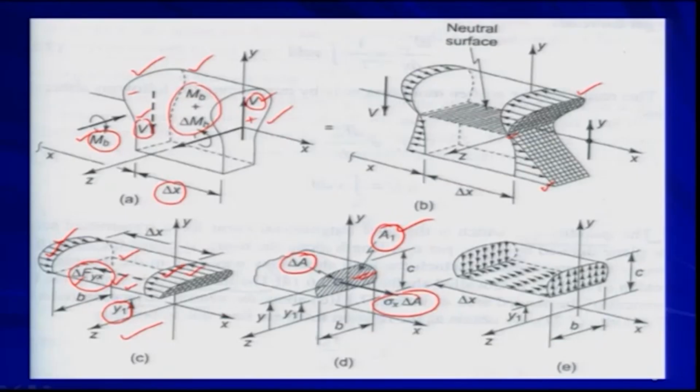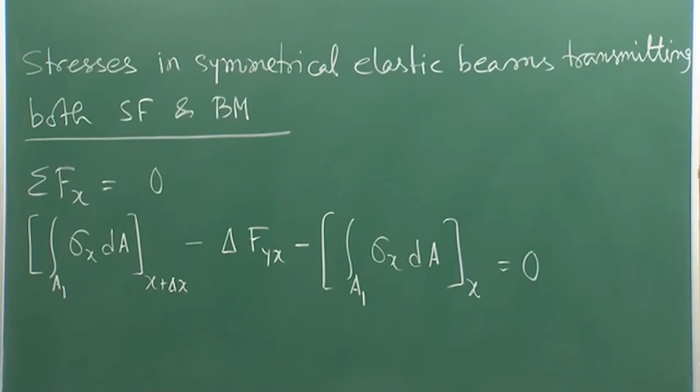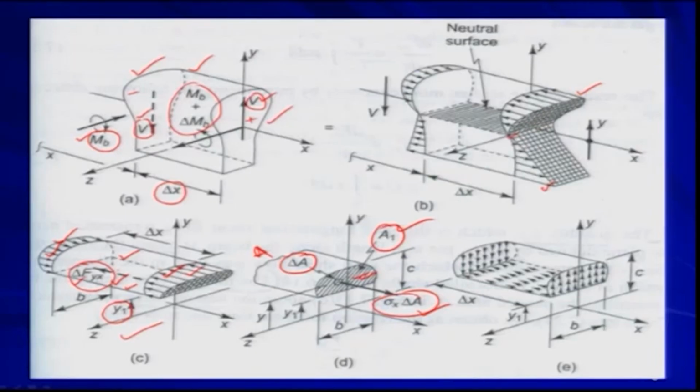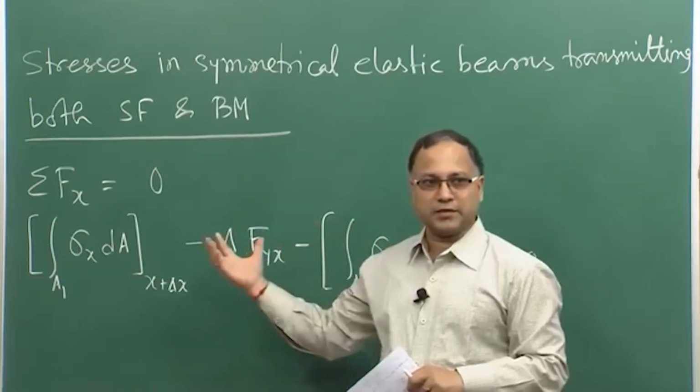On this face we are considering tensile force, towards the positive x axis. Similarly, to balance it you will be having the force in this direction. That is why it is negative, and delta f y x is also acting opposite to the x axis as shown by this arrow. So, delta f y x is also coming as negative. These are the forces which are acting along x direction.